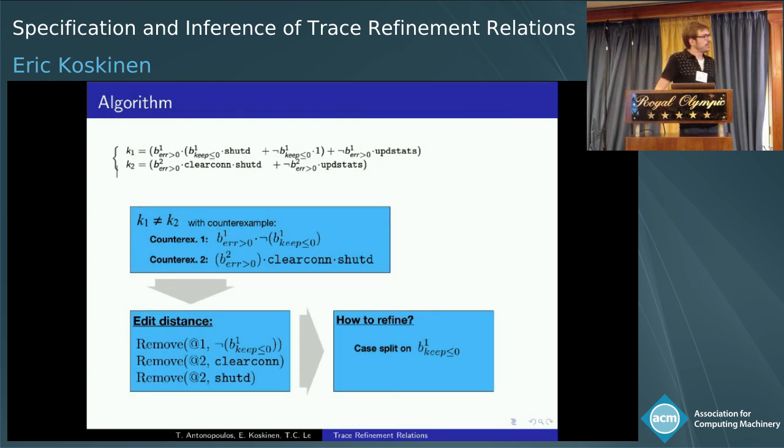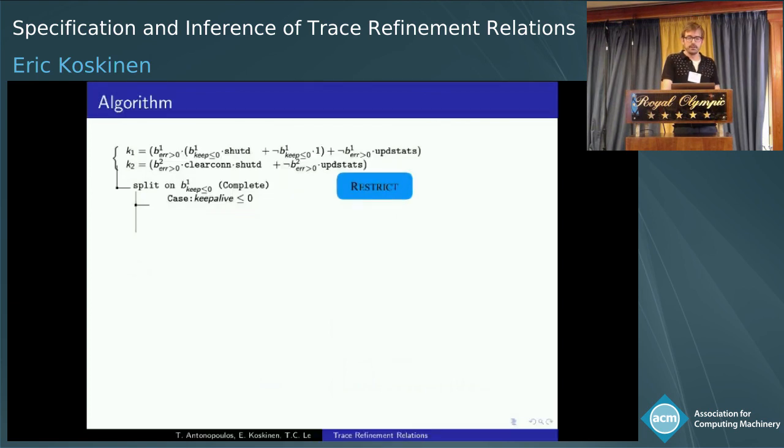In this case, we have some choices that can be made. As I said a moment ago, the simplest thing to do is simply case split on one of these Boolean conditions, because then we can start to break this down into different classes of traces. So whenever the edit distance algorithm suggests removing a Boolean test symbol, we instead case split on that test symbol. This is how the algorithm proceeds.